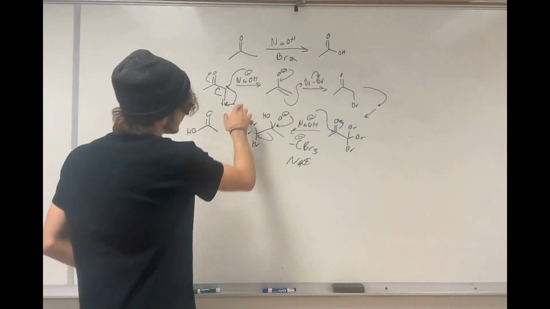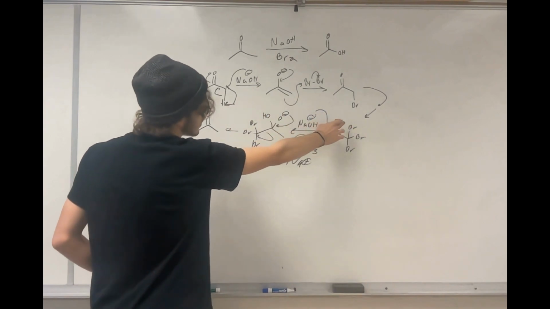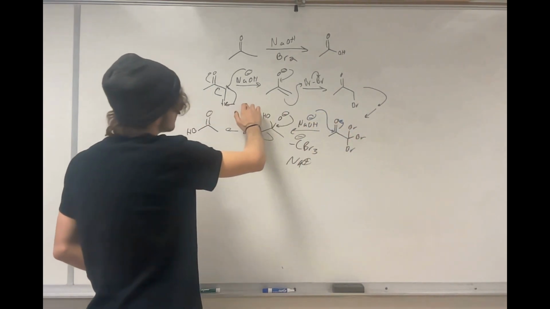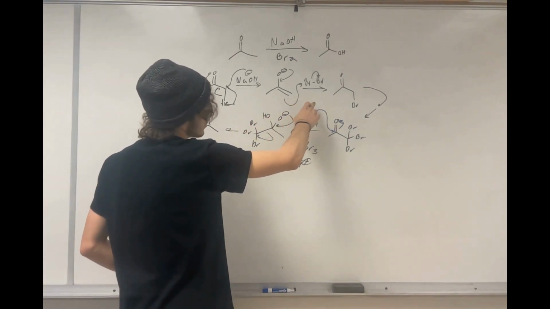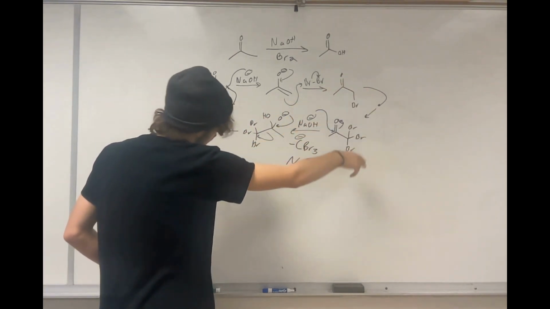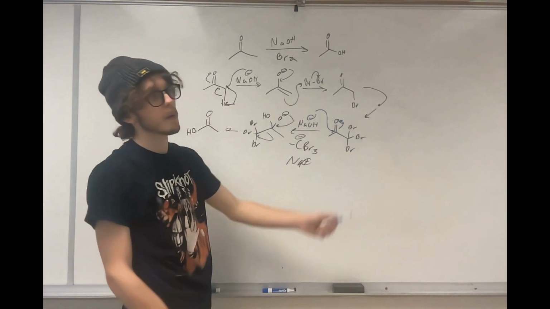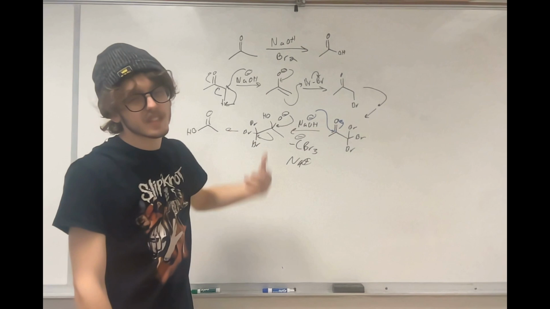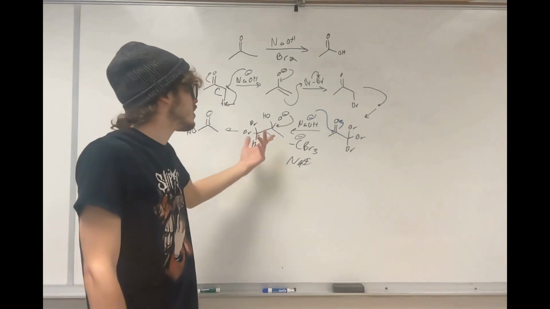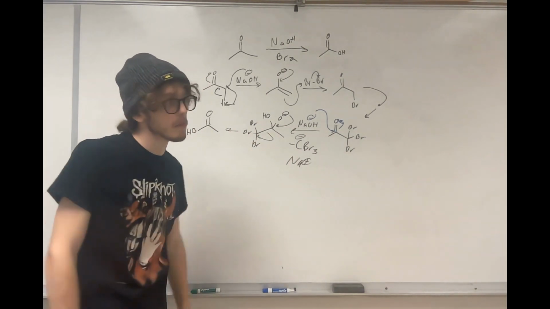But notice, it's going to go once and then 3 more times through this process by forming the enol, attacking a bromine gas molecule, and doing that a couple more times to form that tribromide complex on the carbon. And then NaOH is going to say, okay, I'm going to try and form a hydrate. It tries it, but it fails, and it just makes a carboxylic acid.